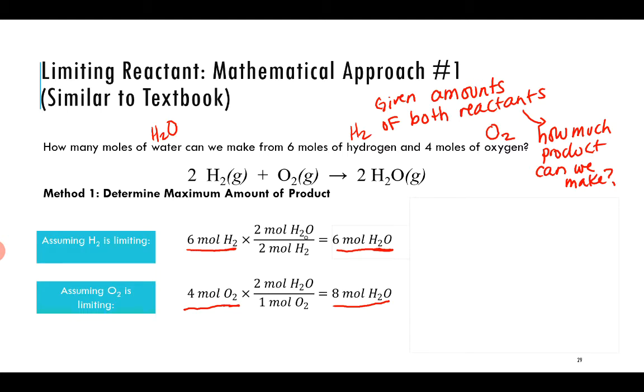Once we run out of our limiting reactant, the reaction will stop. Once we have reached 6 moles of H2O, the reaction stops because all the H2 is used up. We are unable to make 8 moles of H2O because the reaction will stop after 6 moles are made.